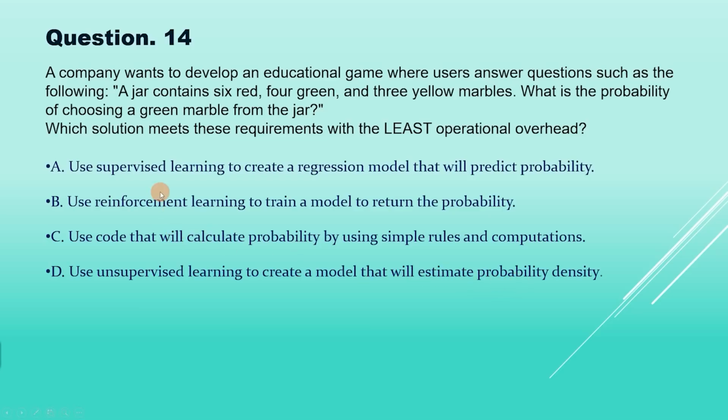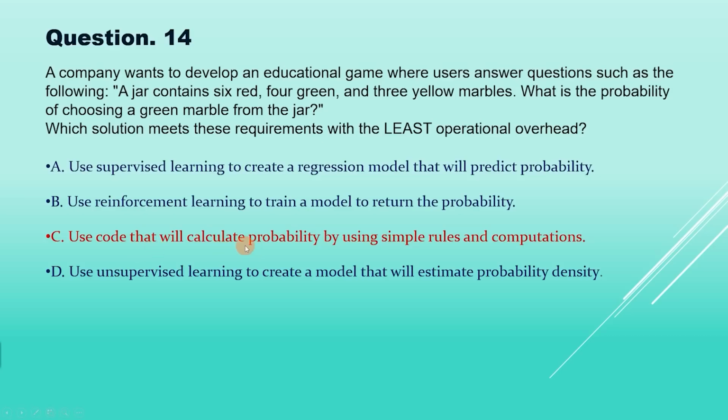So it will be quite surprising here, because we are discussing AI and the options related to AI are supervised learning option A, reinforcement learning option B, unsupervised learning option D. But the correct answer here will be option C, use code that will calculate probability by using simple rules and computation, because here the keyword is least operational overhead and the answer is to use simple code, because it can meet a requirement.